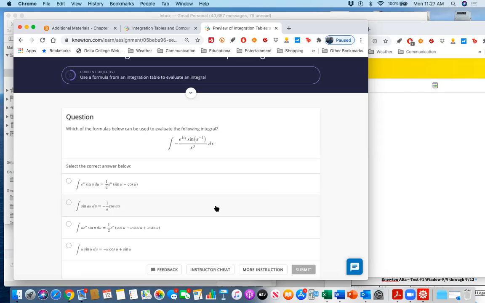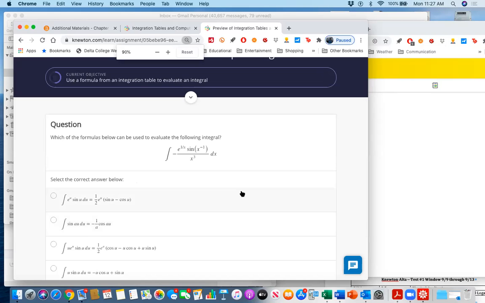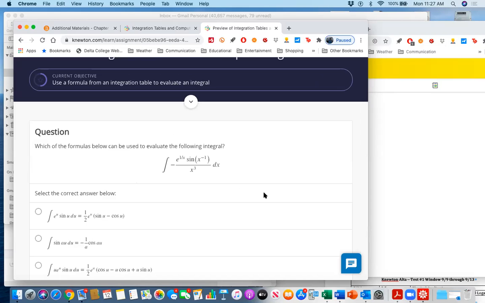Is that 1 over x, e to the 1 over x? It is, yep, that is e to the 1 over x. Let's see if I can. Okay, thank you. There you go. I made it bigger so you can see it better. Thank you. You're welcome. That looks a lot better. Okay, good.